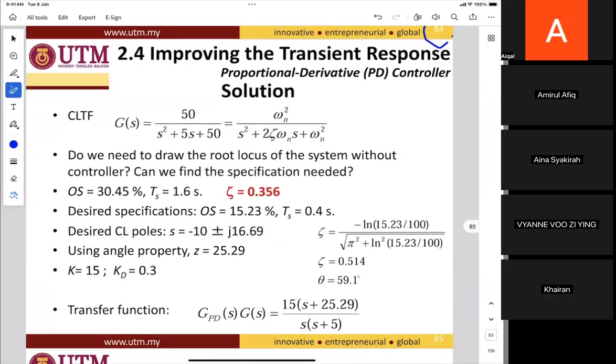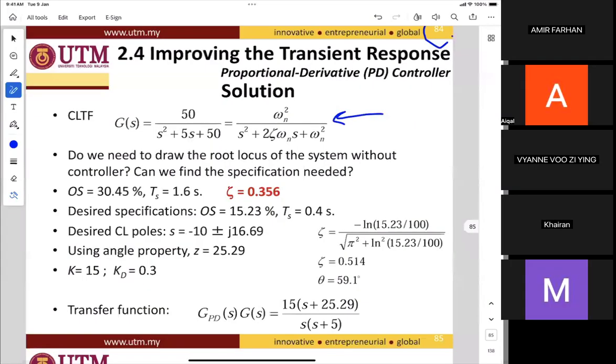So this is a second order system. So we compare with the second order transfer function, omega n square over s square plus 2 zeta omega n s plus omega n square, that you learned in the previous control subject. So from here, what is the omega n value? Vian, what is the omega n value? 7.0710.